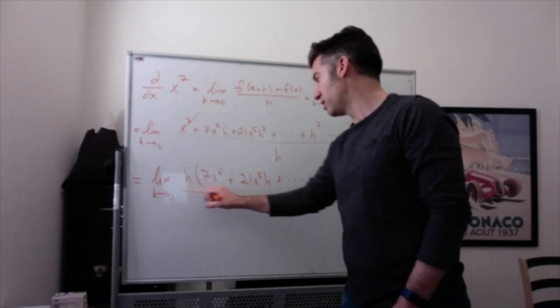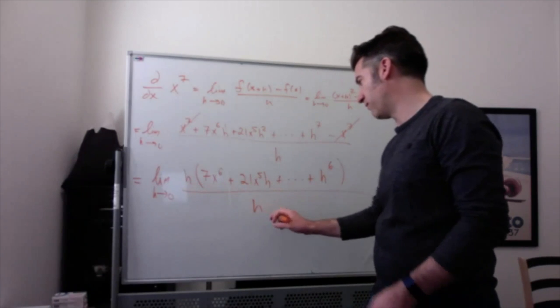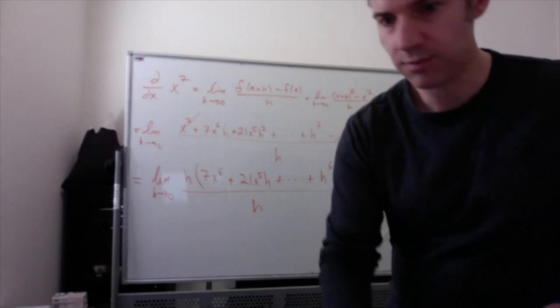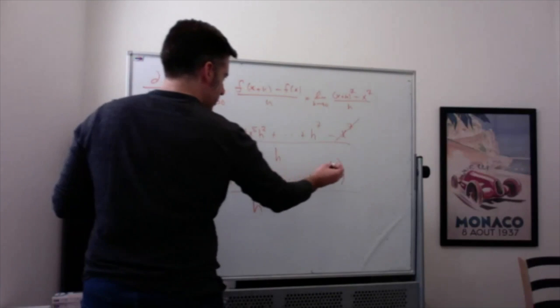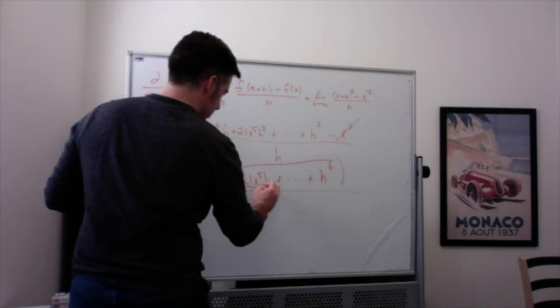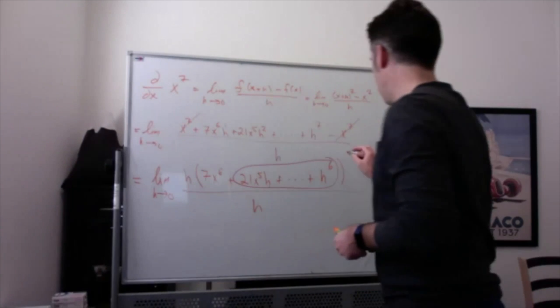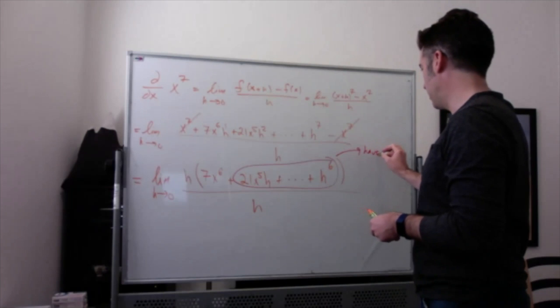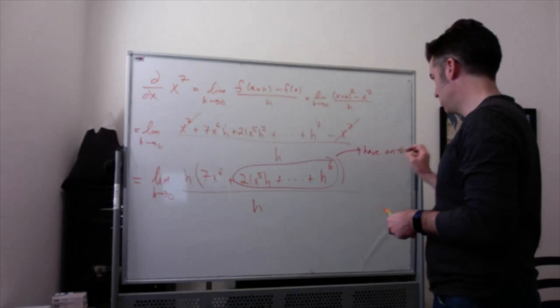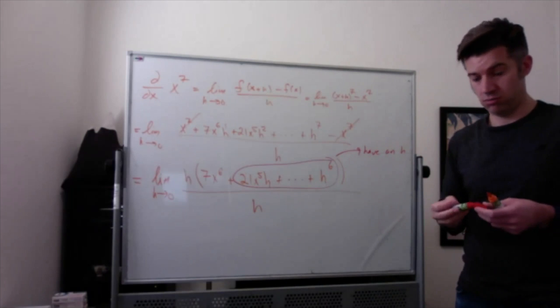And here's what I really need to strongly emphasize. Each of these terms, this term and all the middle terms I didn't write, all of those have an h for sure.